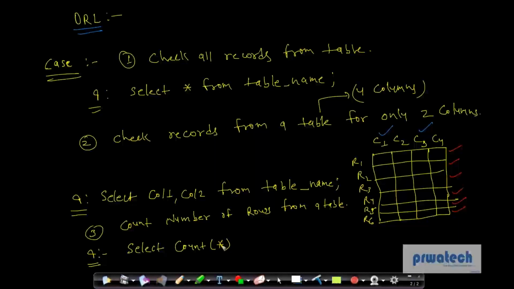Star means all the columns, get all the columns and all the rows. Select count star from table name. If I run this query, I'll get the answer in numeric form, the total number of rows, 6. So the answer will come as 6 here.